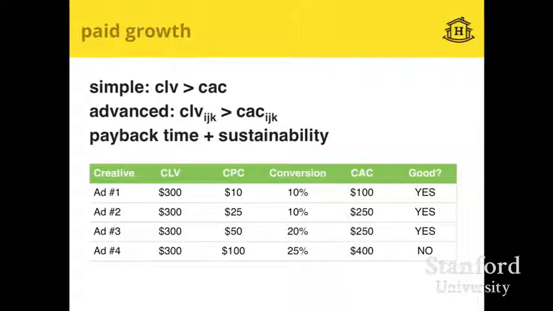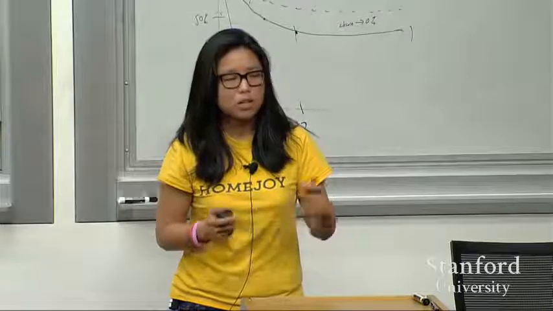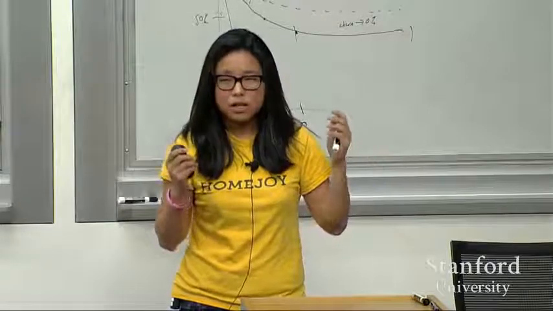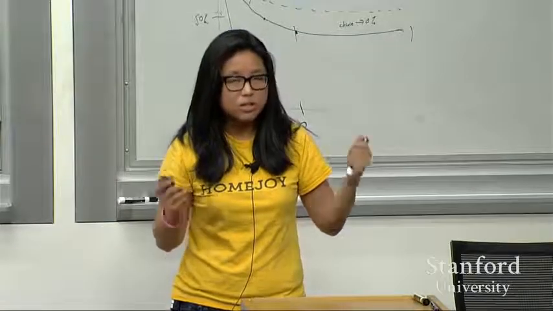Now, the advanced way of looking at it is this. You can look at this for your whole entire customer base, aggregating all your customers together. But the better way of looking at it is to break it down by customer segments. For example, if you're building a marketplace for country music, the CLV of someone in Nashville, Tennessee is going to be much larger than the lifetime value of someone in Czechoslovakia.